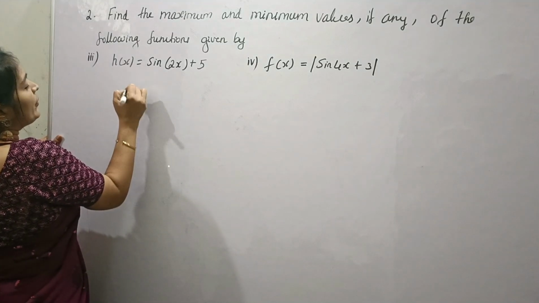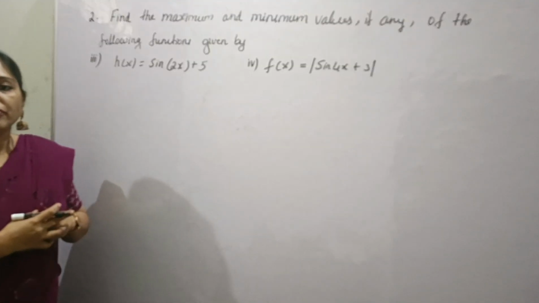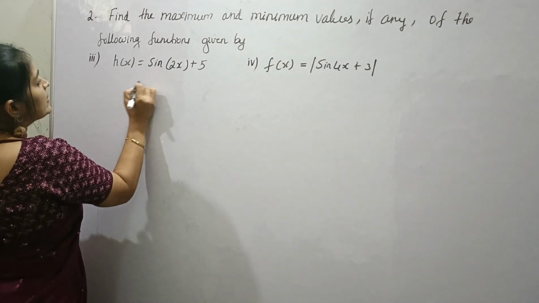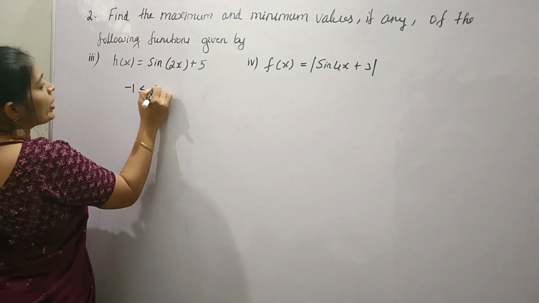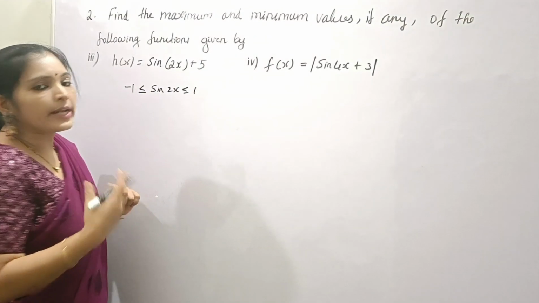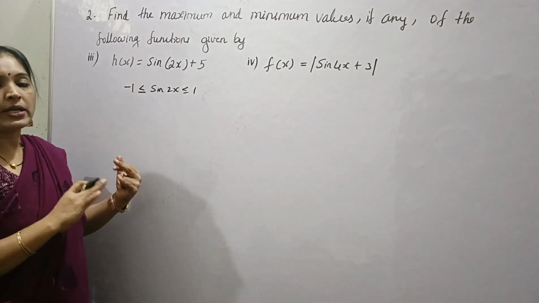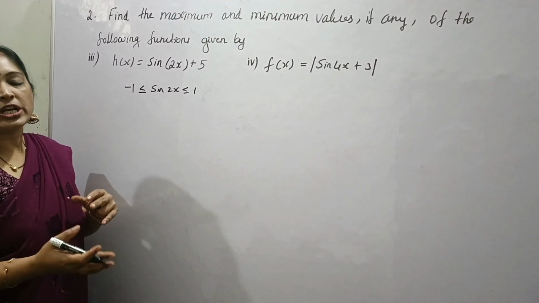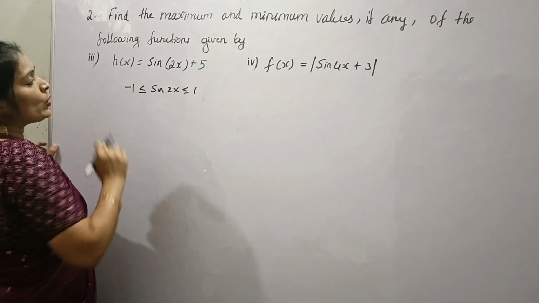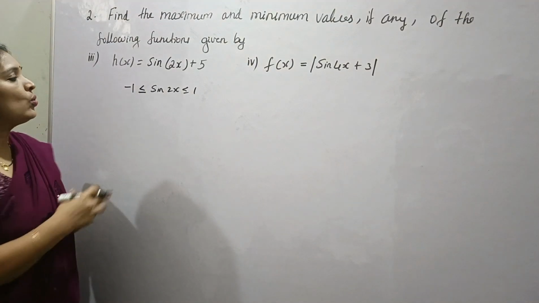We know that the range of a sine function is minus 1 to 1, that is the closed interval minus 1 to 1, right? So minus 1 is less than or equal to sine 2x, which is less than or equal to 1.